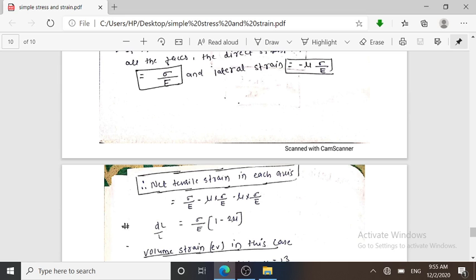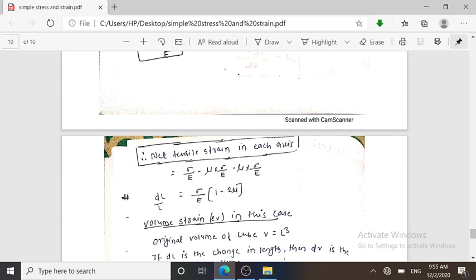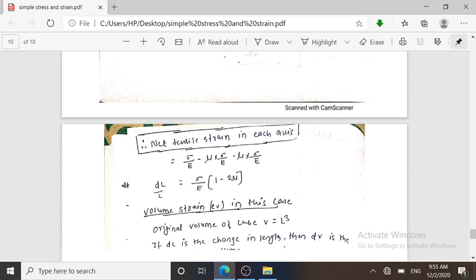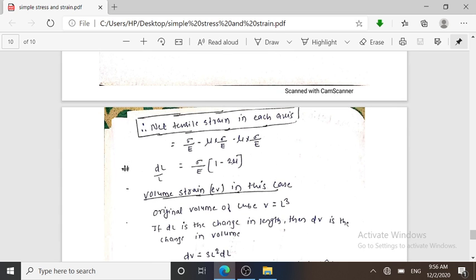So the net tensile strain is denoted as change in length by original length. Here mu by E will be common, so 1 will remain, minus and plus, so minus 2 mu, that is sigma by E into 1 minus 2 mu. From here we got the change in length.